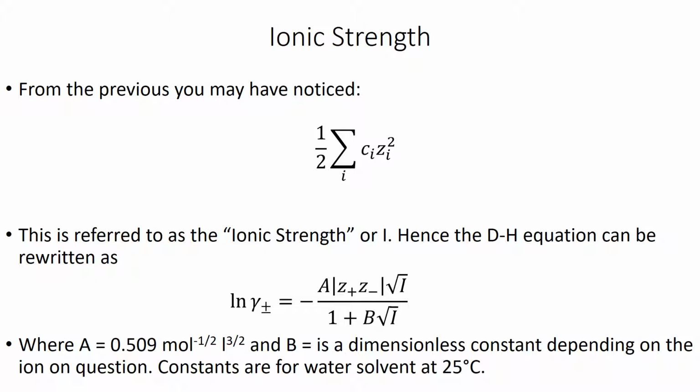And B is a dimensionless constant depending on the ion in question. Different ions have different ionic radii, so that B is going to change.